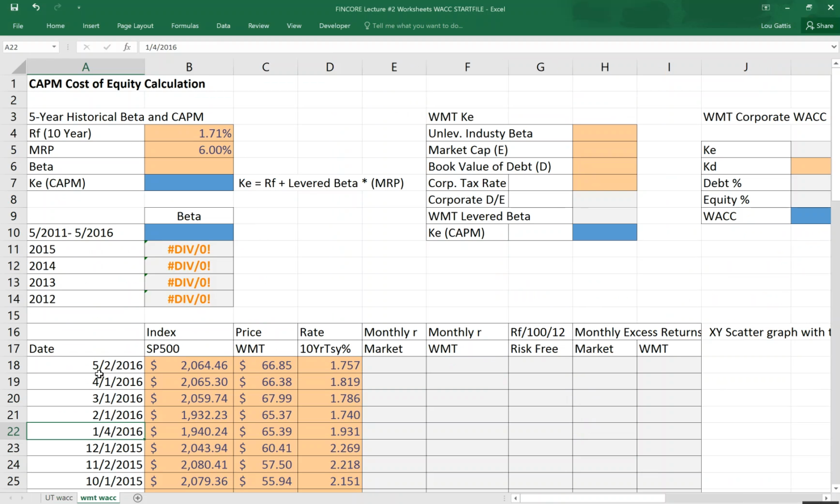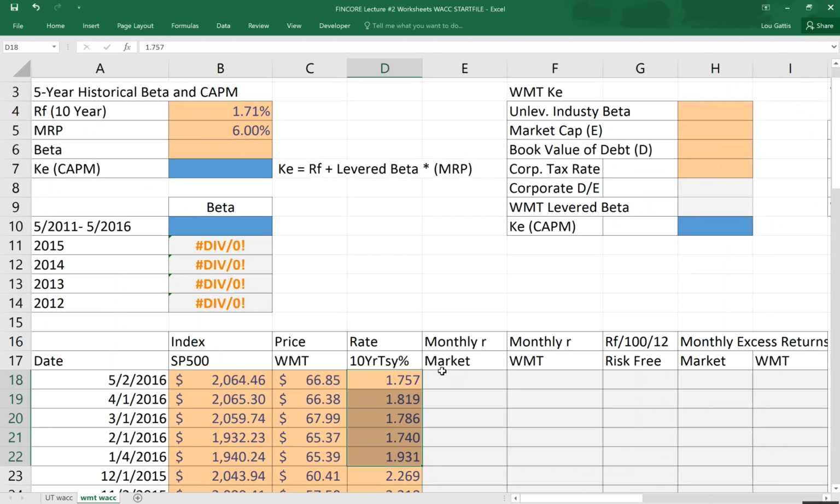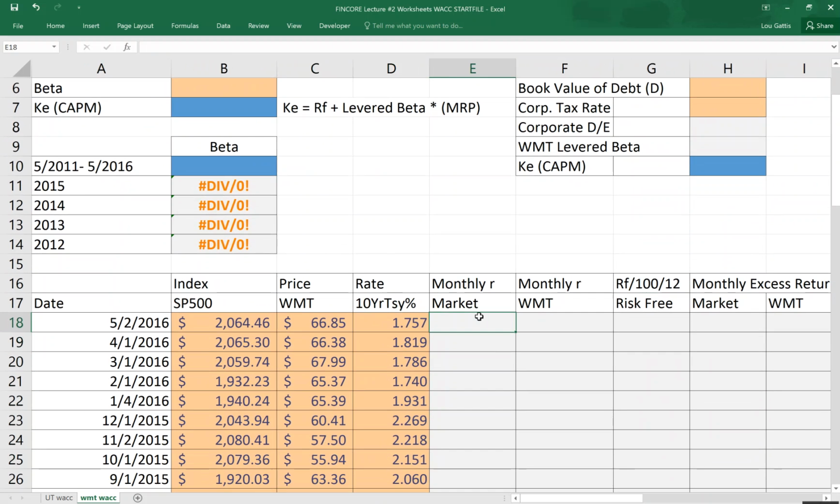So I'm going to go to my Walmart WACC page. These are the adjusted close prices from May 2011 to May 2016 for the S&P 500 and Walmart, and then these are annualized Treasury yields. First, I want to calculate the monthly return of the market and Walmart.